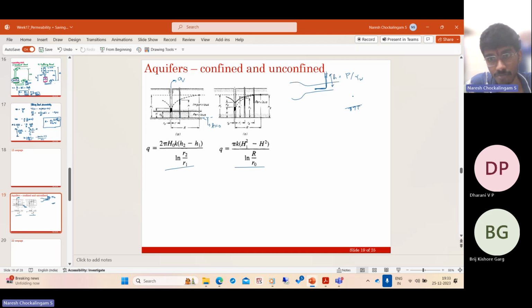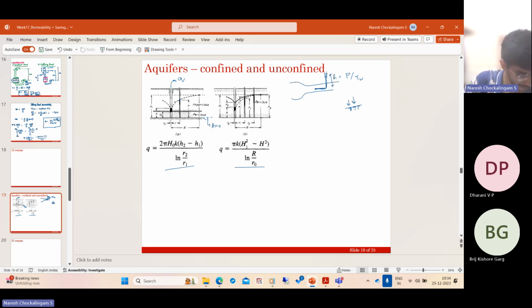But when it is exposed to the atmosphere, the pressure on either side should be equal to the atmospheric pressure. So the water will rise to some height. What is that height? That height is the total head. That is the elevation head plus the pressure head. The velocity head, as I said, is very small when we consider soil mechanics problems. So that is the total head.